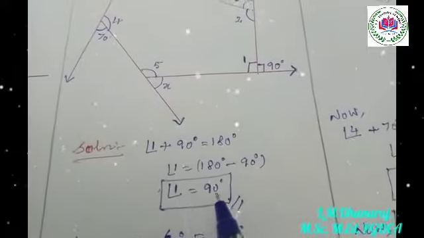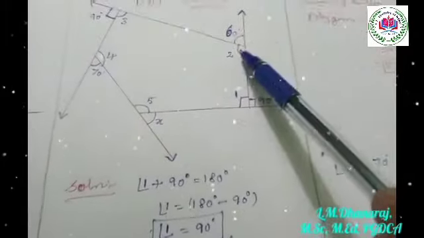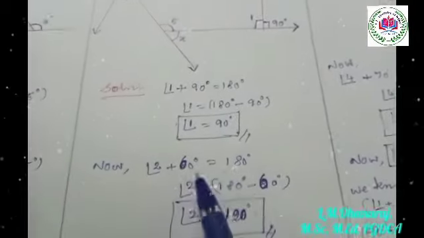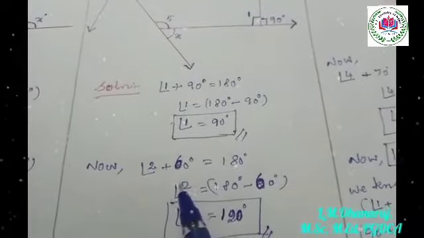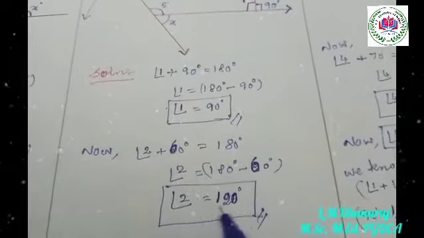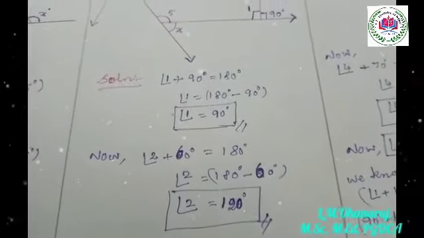So angle 1 is equal to 90 degrees. Now let us consider angle 2, that is angle 2 plus 60 degrees is equal to 180 degrees. Therefore angle 2 is equal to 180 degrees minus 60 degrees, that is angle 2 is equal to 120 degrees.